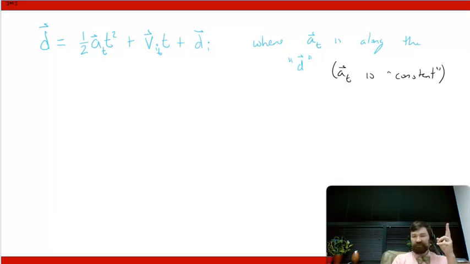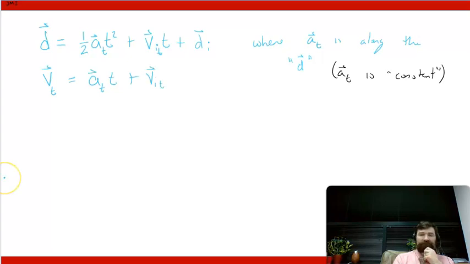So there's a sense in which it is constant. The magnitude certainly needs to be constant. All right, so if that's true, then we can also write something like v tangential is a tangential times time plus v initial tangential. Okay. And in turn, a tangential is just constant.